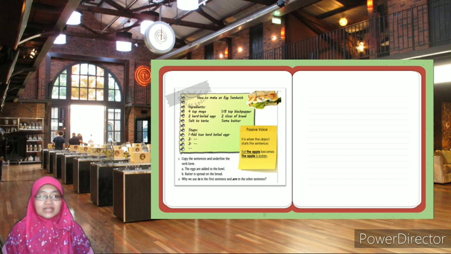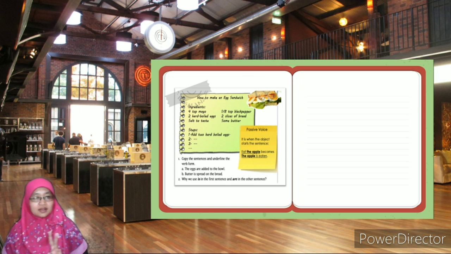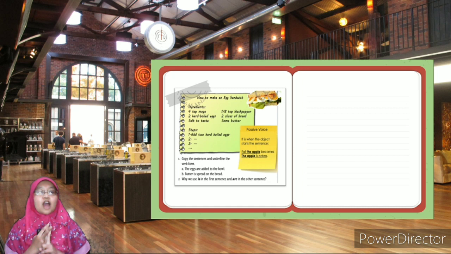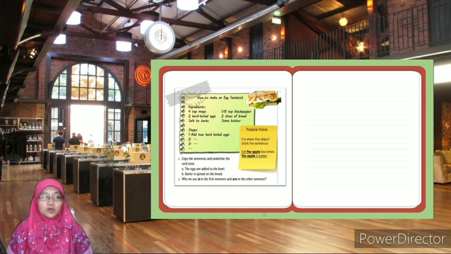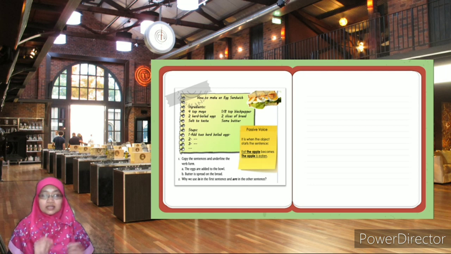Okay. Now, we've got this example. There are 2 questions that you should answer. The first question is copy the sentences and underline the verb form. We have 2 examples of sentences here. The first one is the eggs are added to the bowl.